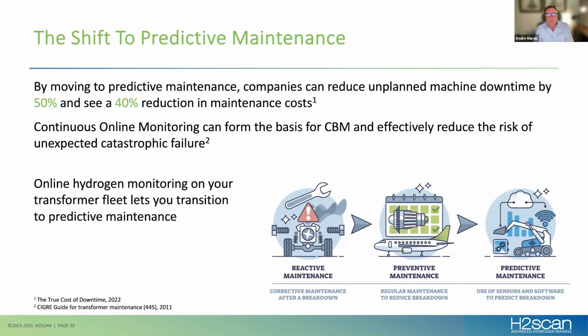It depends on you, and it depends on your ability to store that data, because that's a critical part of it. But the sooner you start, the better. I've always said that tomorrow's winners are the people that are collecting the data today. So the shift to predictive maintenance is that fifth benefit to transformer online monitoring.